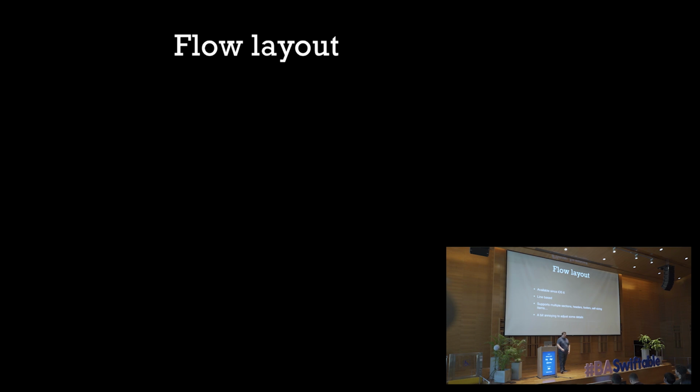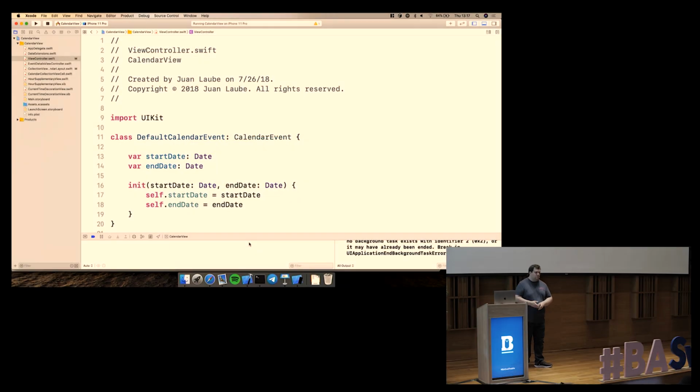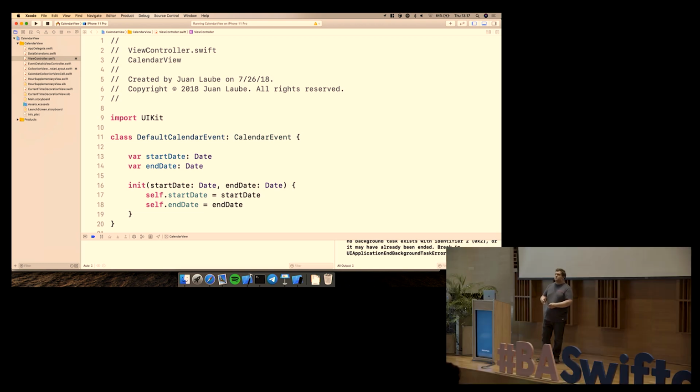It's okay for most cases, but also it can be a bit annoying to adjust some details. For example, that's something new in iOS 13, I think. We now have sticky headers and footers, and before that, we couldn't do anything like that. So this is how it works. It will place an item, then another, and when the line is full, it will go to the next line.